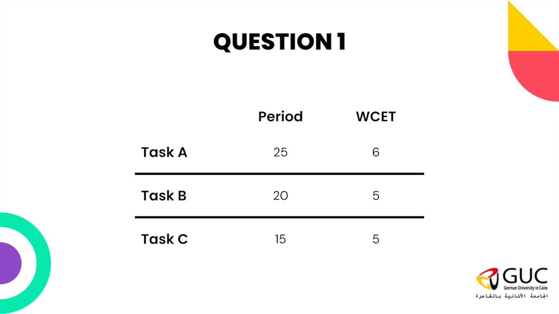We have also task B with a period of 20 clock ticks and a worst case execution time of 5 clock ticks. This means that every 20 clock ticks, I need to execute task B, and task B actually needs only 5 clock ticks to finish executing. And this is the worst case execution time.